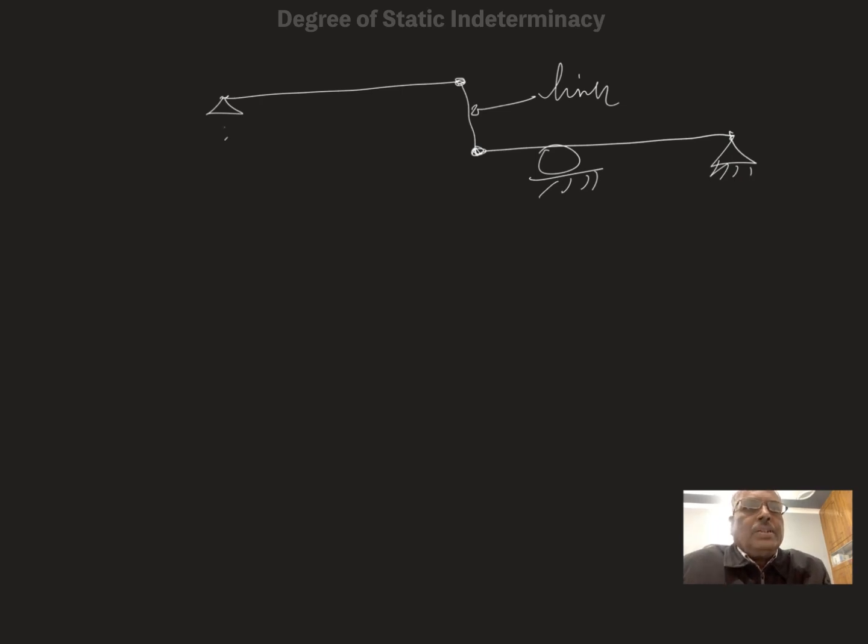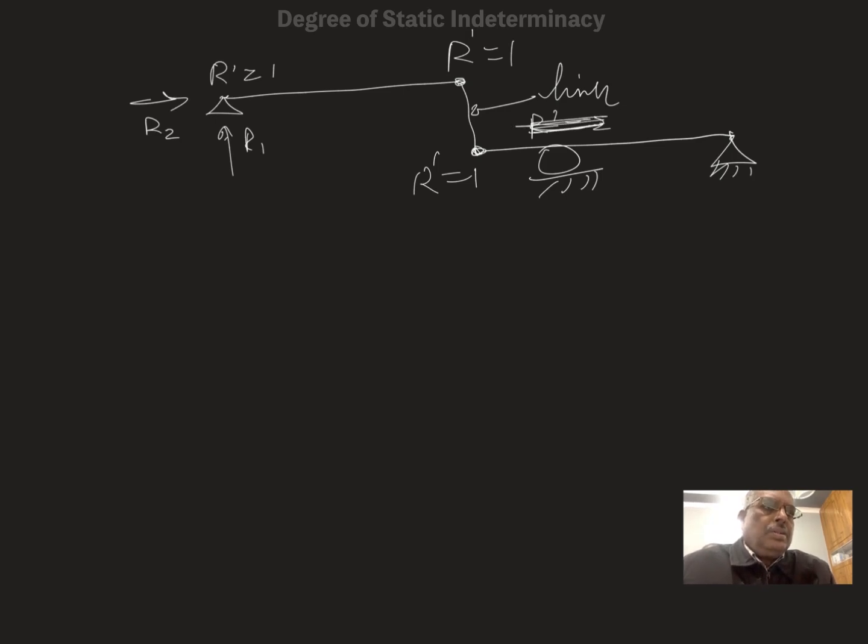I have to make this fixed, with reactions R1, R2. So I'm making it fixed and R dash is equal to 1. Here R dash is 1, here R dash is 1, here R dash is 2. Here nothing, here is simply supported. The reactions here are R3, R4, R5.